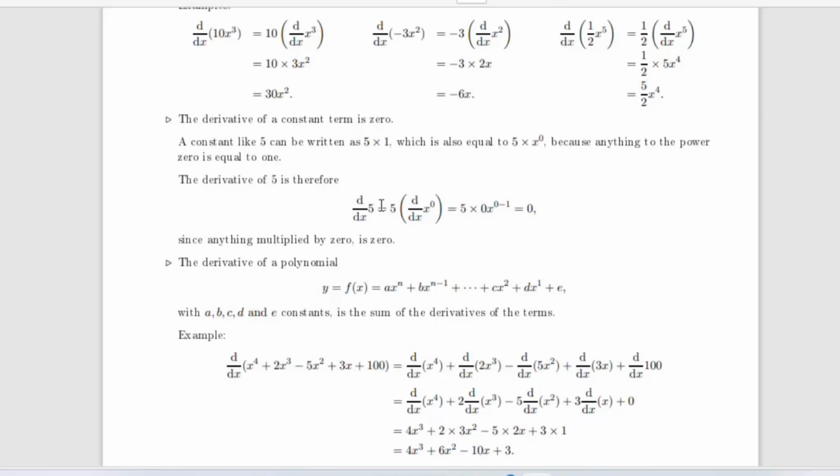Are we in agreement? If we have that 5 and then d/dx in front, that means differentiate 5 with respect to x. That is what that stands for. But because we are not having an x there, that's why they are saying 5. We know that 5 is a constant. Okay.